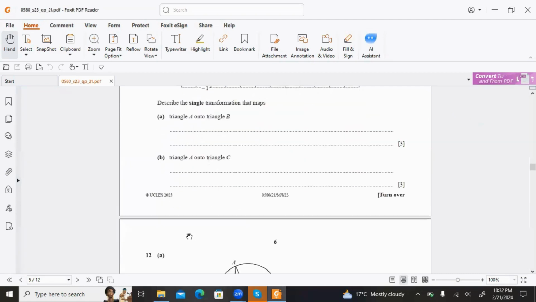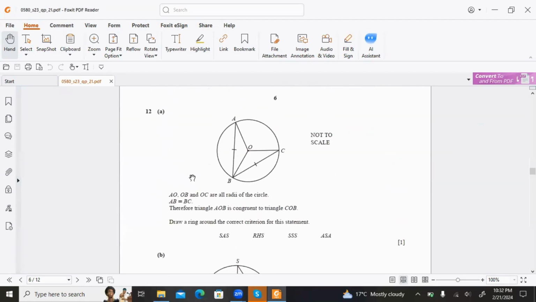Then question 12 is saying AO, OB, and OC are all radii. So that means this equals this equals this. AB equals BC. Therefore, the triangle AOB is congruent to triangle COB.